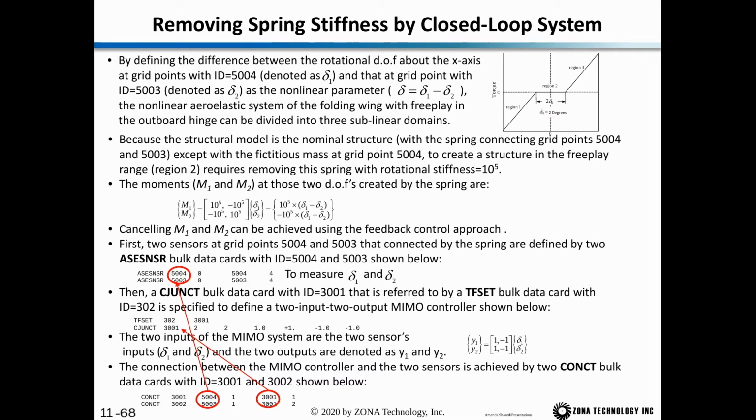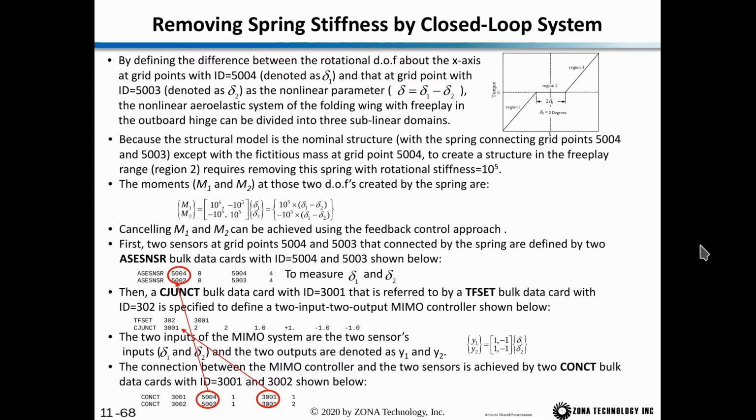And once again, we're going to remove the spring stiffness by a closed loop system. So by defining the difference between the rotational degree of freedom about the x-axis at grid point 5004 and at grid point 5003 as the nonlinear parameter, the nonlinear aeroelastic system of the folding wing with Freeplay in the outboard hinge can be divided into 3 sublinear domains.